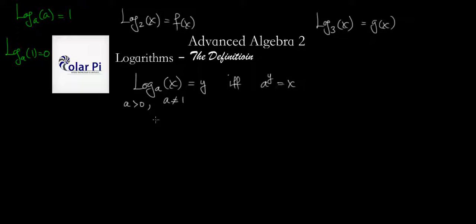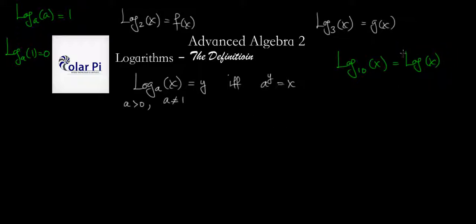Yeah? Okay, cool. And in fact, there are 2 special logs that I'll write in a different color. And those 2 special logs are log base 10 of x. Log base 10 of x is so special and popular that it's frequently written without the base 10 showing. So it's frequently written as just log x. So if you see log x, you must automatically assume that it's written in base 10.